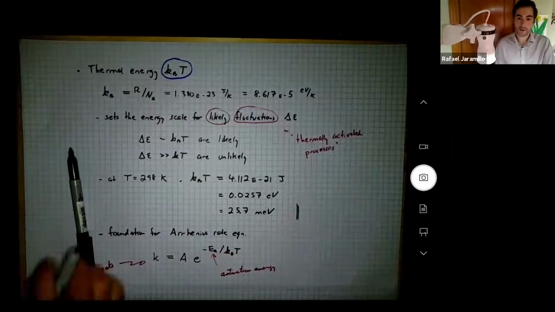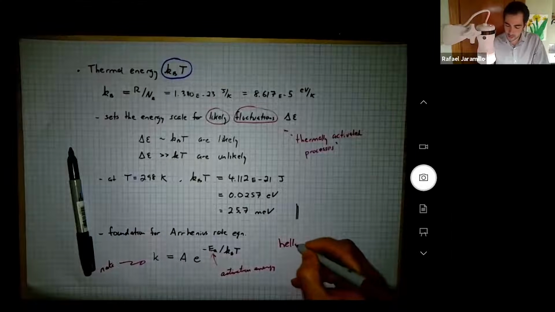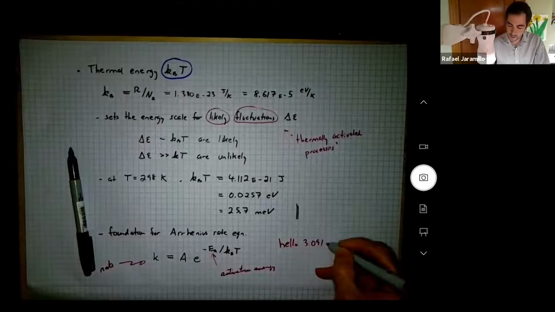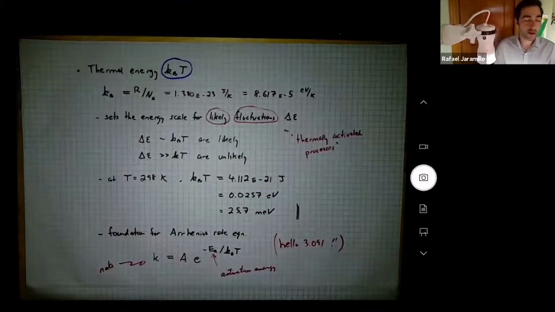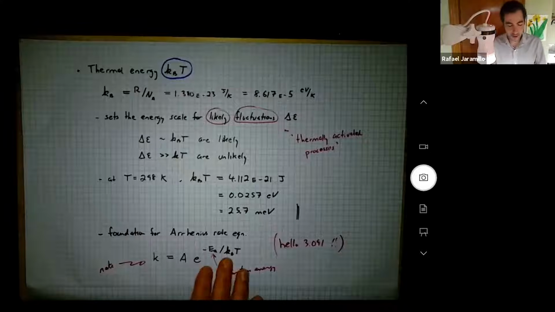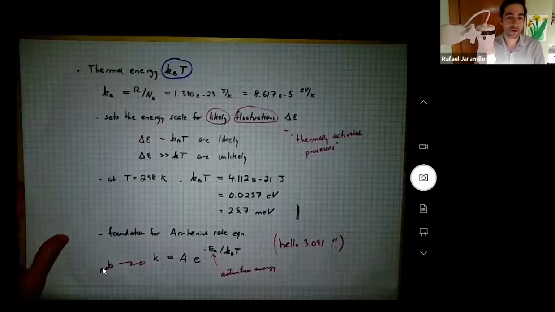And we are going to say hello to 3091 here. So just another context where you're going to see these exponentials and say, where did that come from? It comes from this Boltzmann distribution that we just derived.